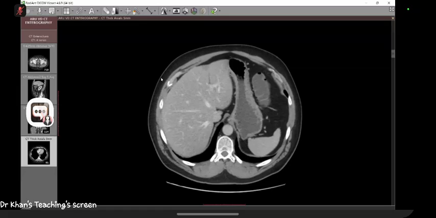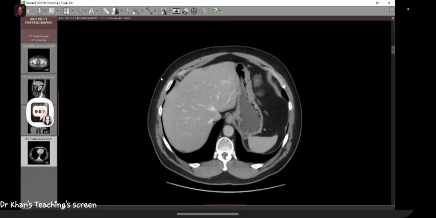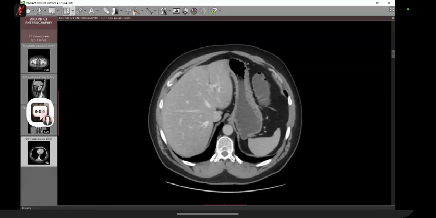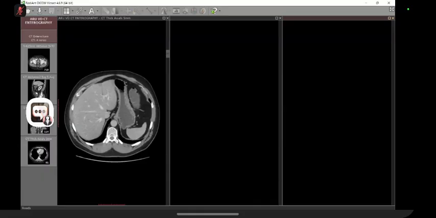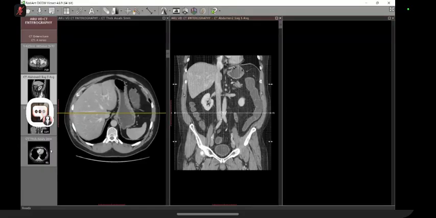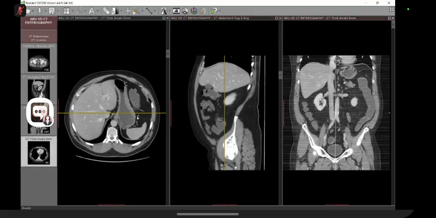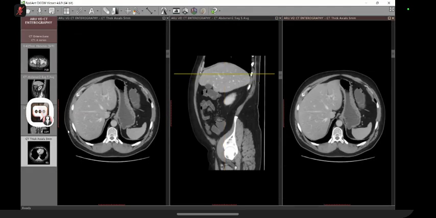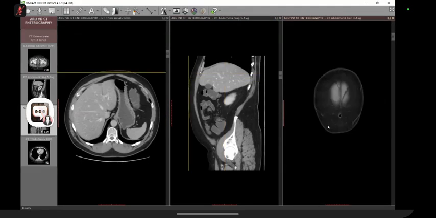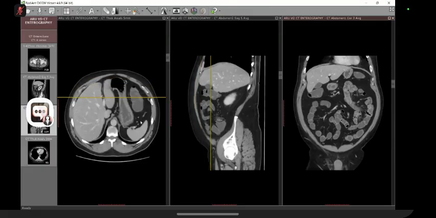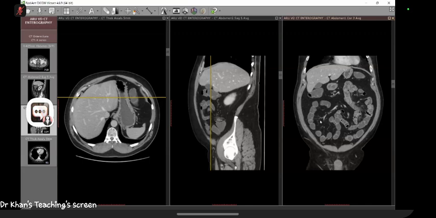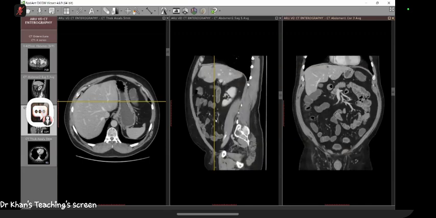So this is a CT scan of the stomach and duodenum. Please remember that we have got 3 reformats. What happens is on PACS the software gives you reformats in axial, sagittal, and coronal sequence.